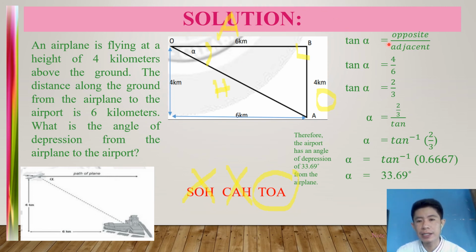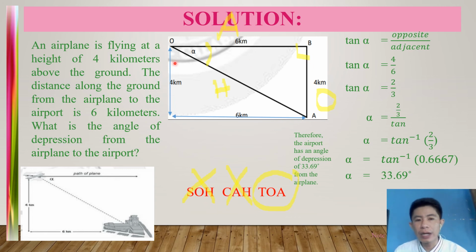The length of the opposite side is 4 kilometers, so 4, and the length of the adjacent side is 6. So tangent alpha is equal to 4 over 6. And in lowest terms, 4 over 6 is equal to 2 over 3. So we just write it in lowest form.